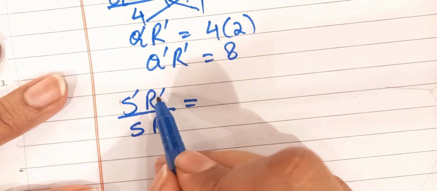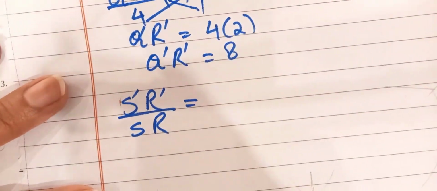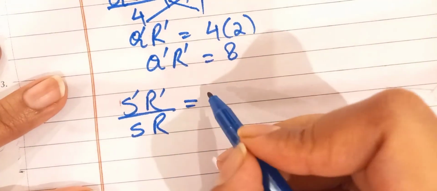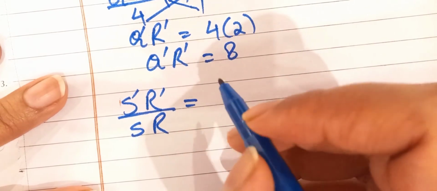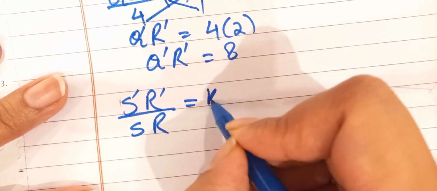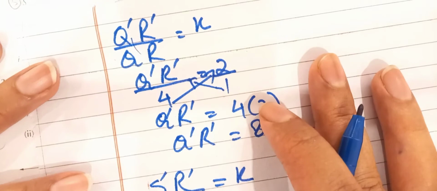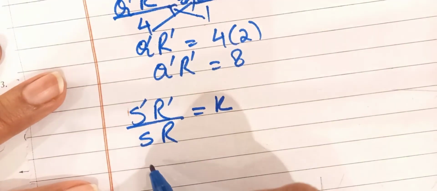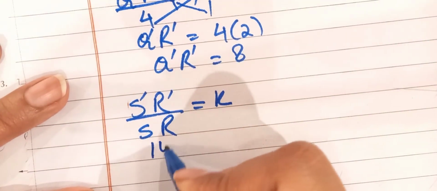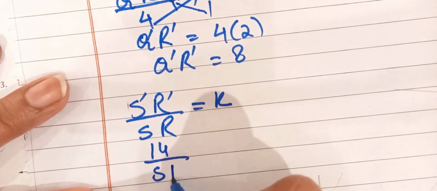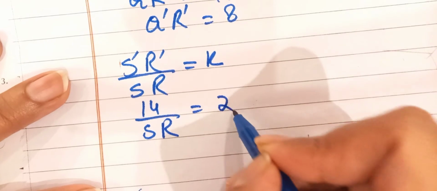If for all questions you put the enlarged value in the numerator, then do it for all the parts. In this way you will not commit any mistake. Now they have given me the value of S dash R dash, which is 14. I have to find out SR, and K we have already found, which is 2.